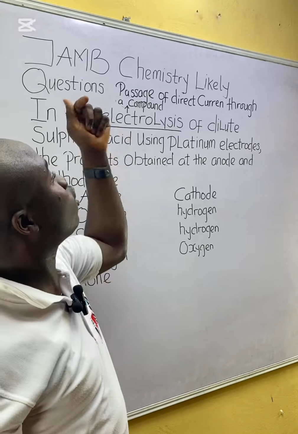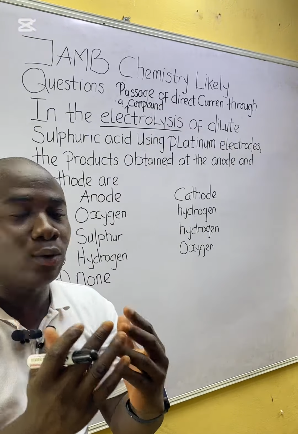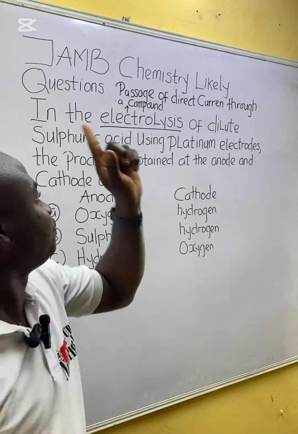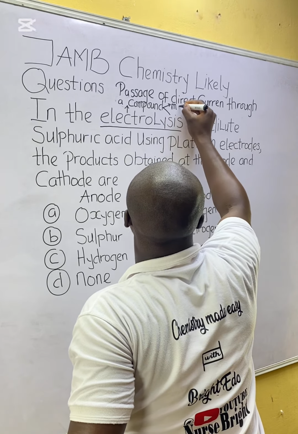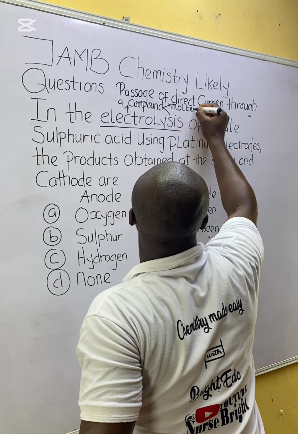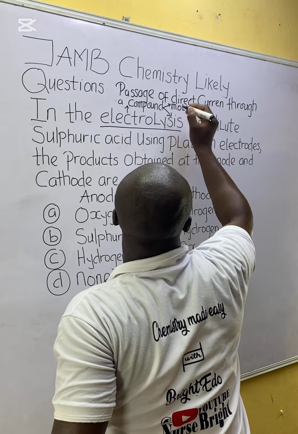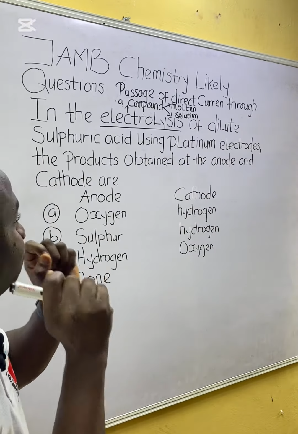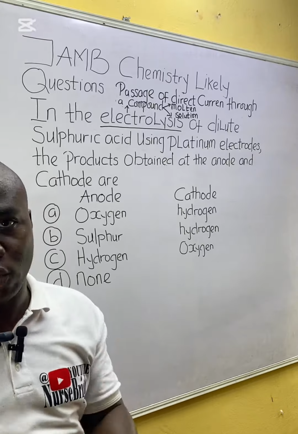So for this compound to actually allow this current to pass through it, the compound must be in either of two forms. The compound can be either in molten state or in what we call solution form. And I'm going to elaborate more on all of these things, okay? So this first must be noted.